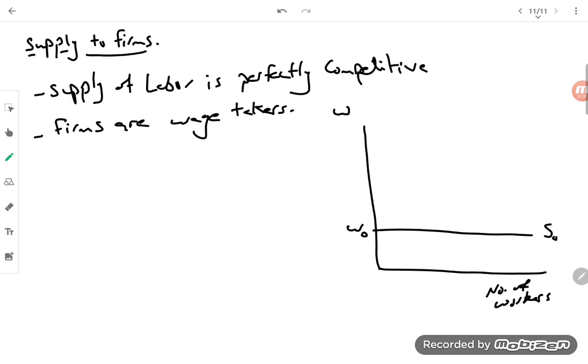Say for example, W naught. Let's assume that the wage rate in the market increased from W naught to W1. So in this case, in this firm, supply of labor is going to increase to S1.